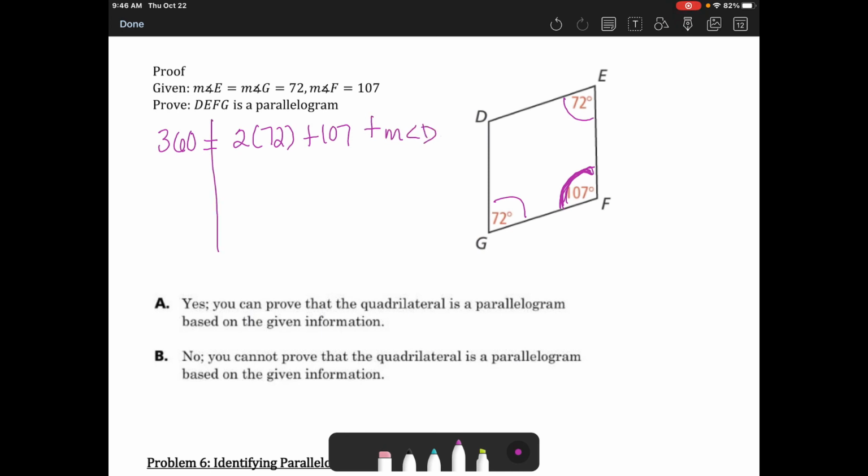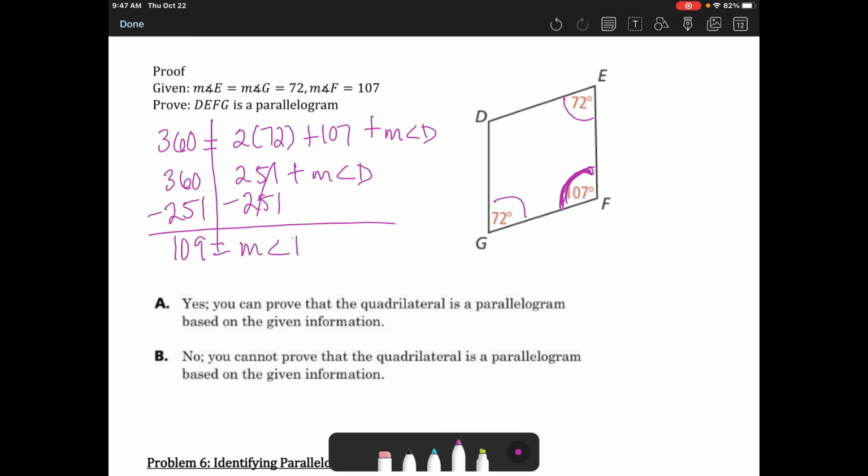So 2 times 72 plus 107 is equal to 251. Subtract both sides by 251. 109 is equal to the measure of angle D.